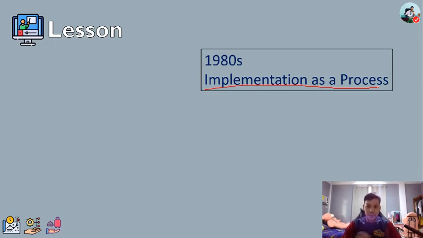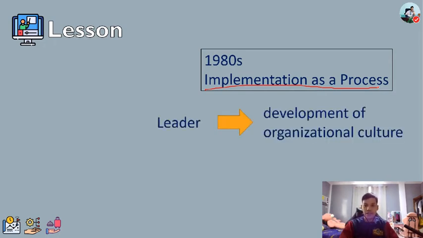So there was a shift in emphasis from the leader to the development of organizational culture. From the leader, there was a shift to the development of organizational structure and its role in defining and implementing strategies.